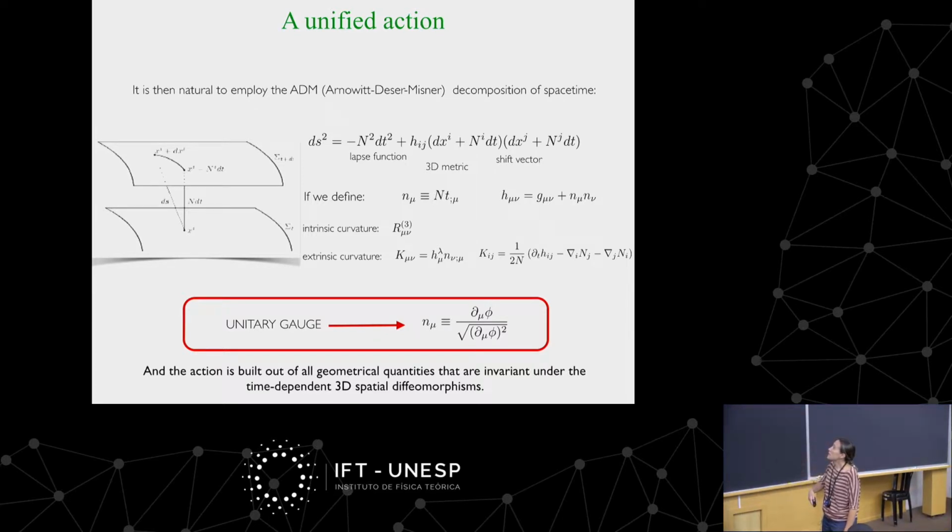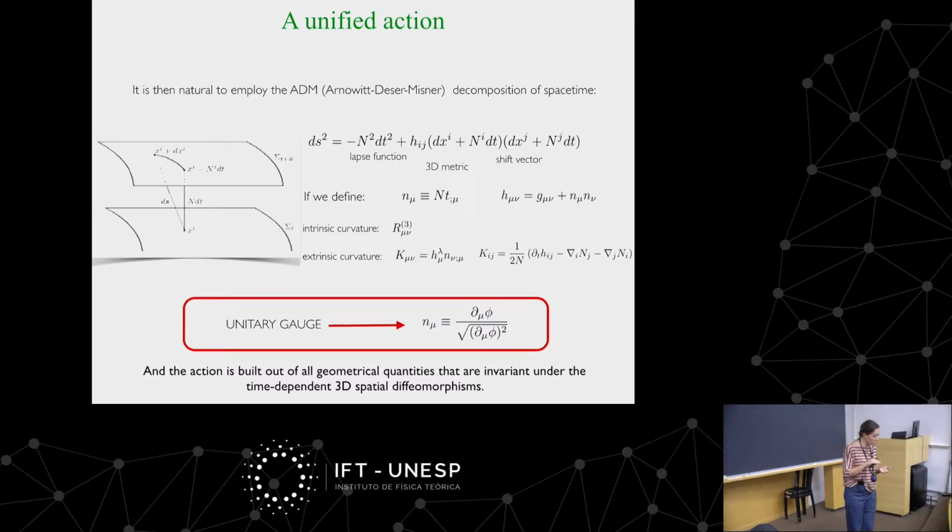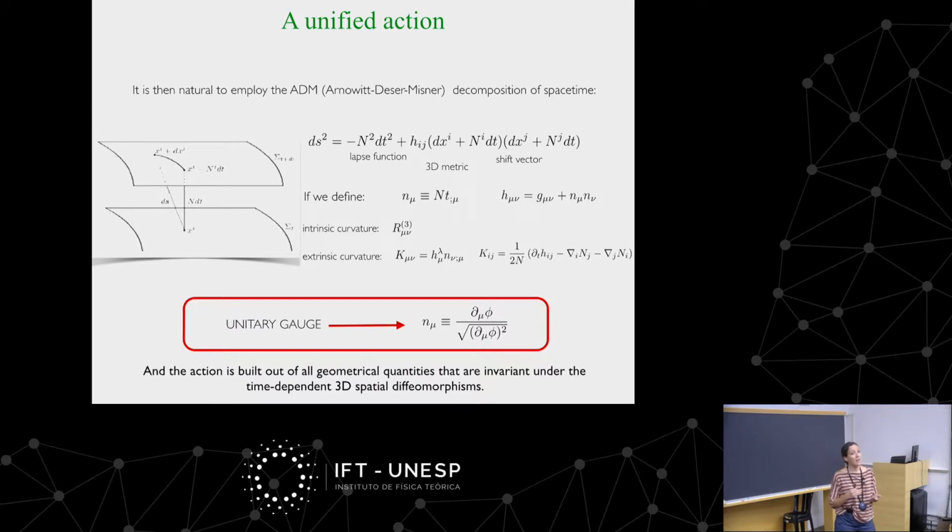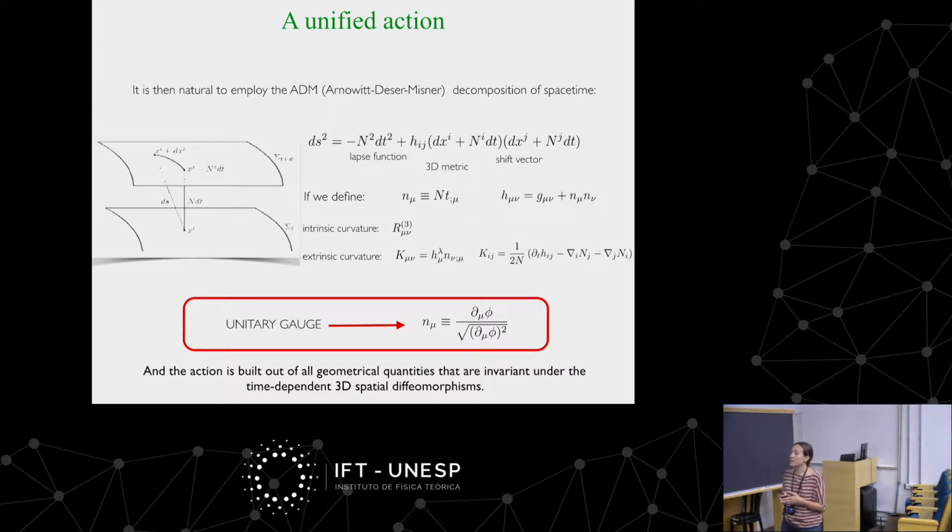Now, since I have used my invariance under time diffeomorphism to choose this foliation, to choose this unitary gauge, what I can use to build my action are all the geometric things that are invariant under the remaining part of my diffeomorphism invariance, which is the three-dimensional spatial diffeomorphism invariance.